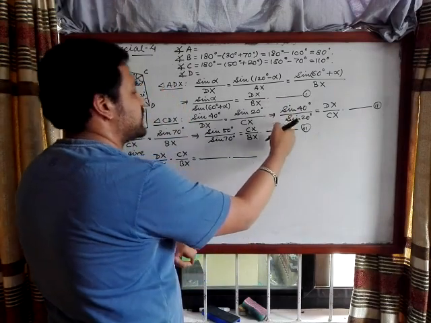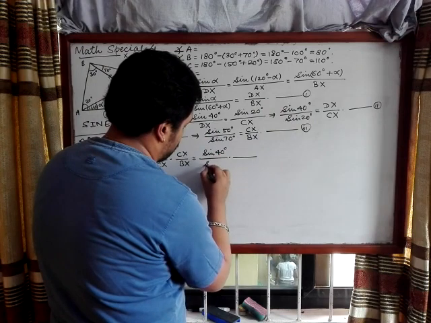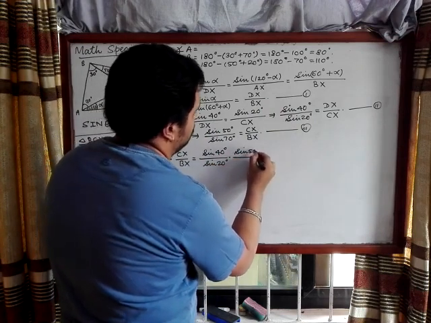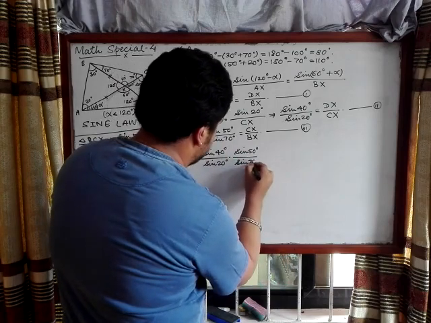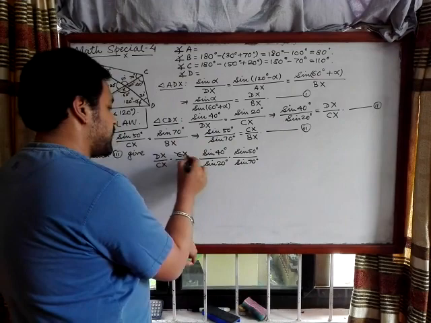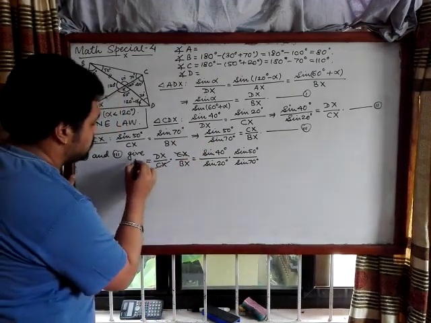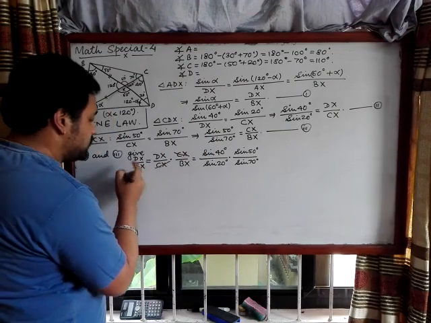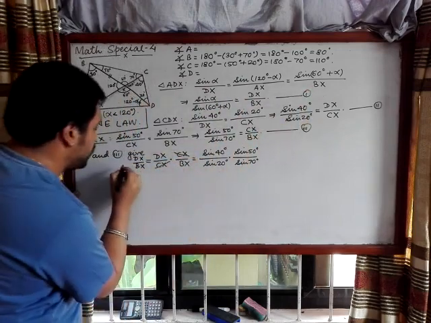Sine 40 by sine 20 times sine 50 by sine 70. This CX cancels this CX, so what we get is DX by BX, and the DX by BX is equal to sine alpha by sine 60 plus alpha from equation 1.